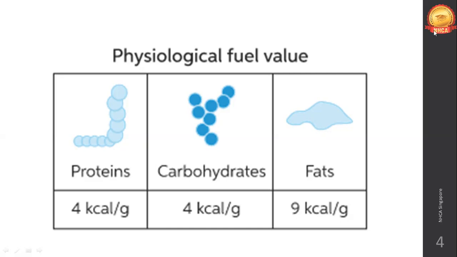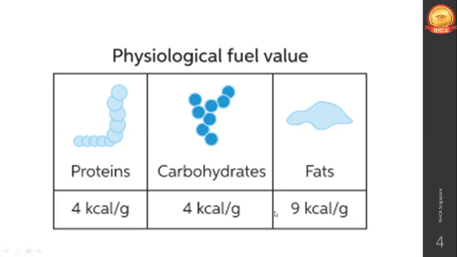Yeah. So I was mentioning these physiological fuel values which you see here on screen is what we consider they give inside the human body. But when you try to burn proteins, carbohydrates, and fats outside the human body, it will give you slightly higher kilocalories.